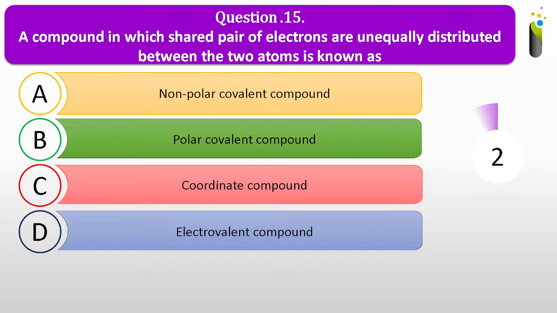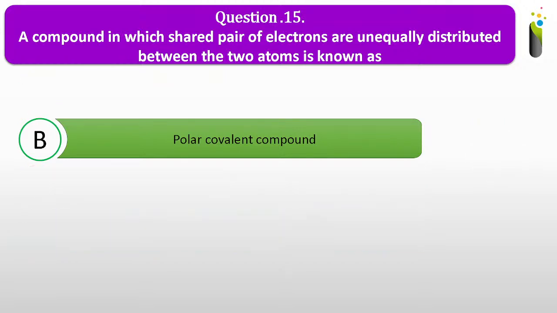And the correct answer for this question is B, polar covalent compound. So a compound in which the shared pair of electrons are unequally distributed between the two atoms is known as polar covalent compound.